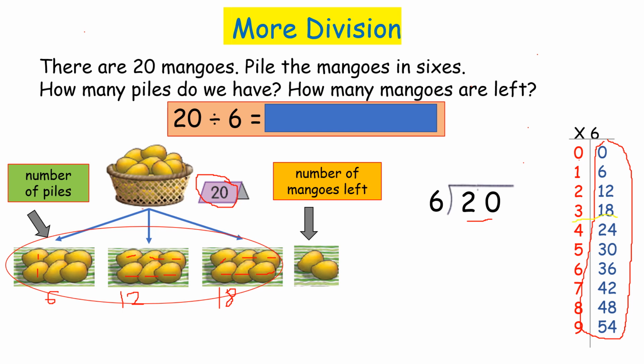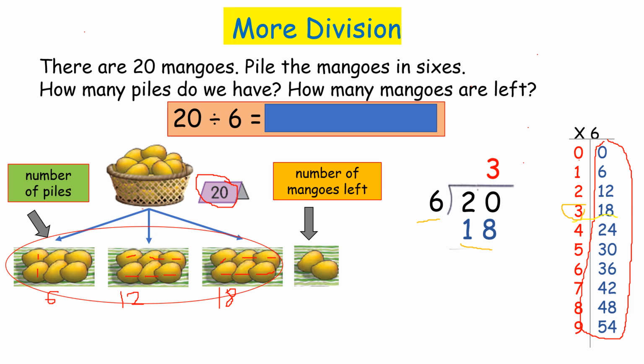So you underline 18 until 3 here. We write 18 down here below 20. So 18 divided by 6 equals 3. So we have to write 3 above the 0, not above the 2.